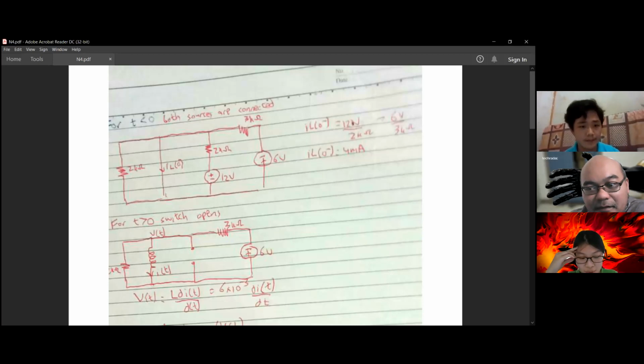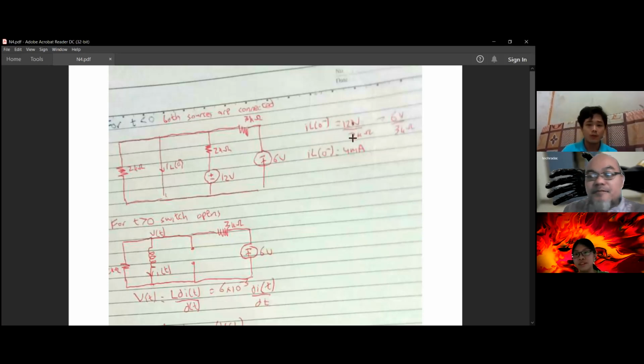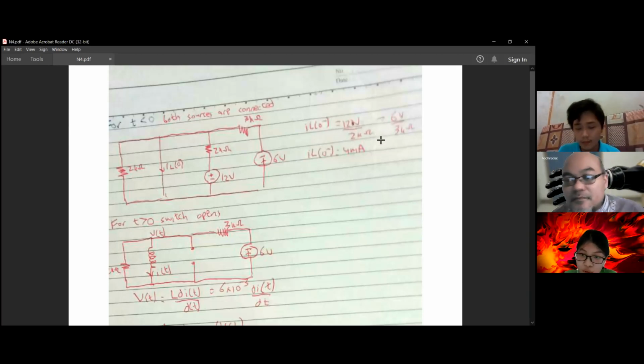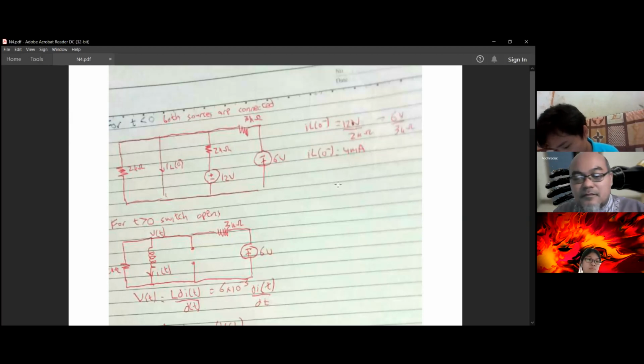So the first step, you short the inductor and then you use KCL. So IL(0-) is 12 volts over 2 k ohm minus 6 volts over 3 k ohms, and you will get 4 milliamps.